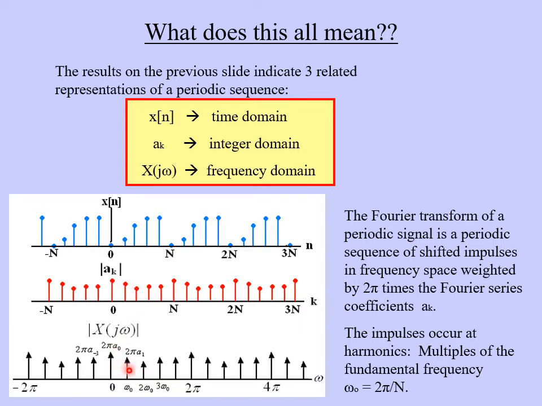Furthermore, these spikes are sitting at the harmonic frequencies of the periodic sequence. The first one sits at omega equals 0. The next one at omega naught, where omega naught is 2 pi over the period. The next is the next harmonic, 2 times omega naught, then 3 times omega naught, and so forth. So this is what the Fourier transform of this repeating, periodic sequence would be.